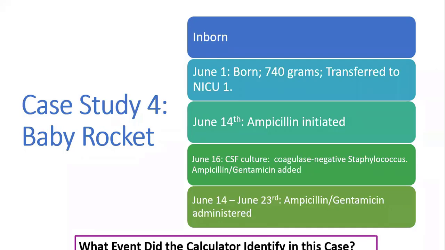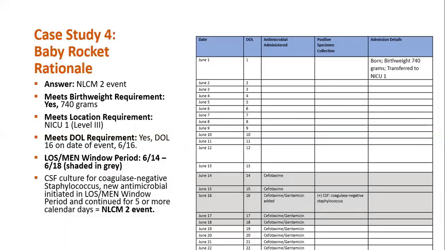Did the calculator identify an event in this case? The answer is yes. An NLCM2 event was identified. Baby Rocket met the birth weight, the location, and day of life requirement.